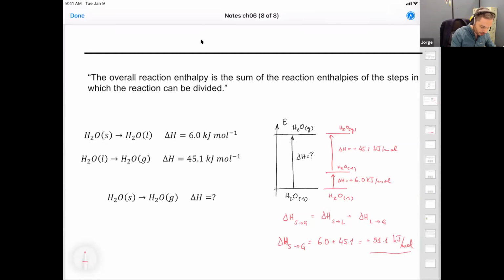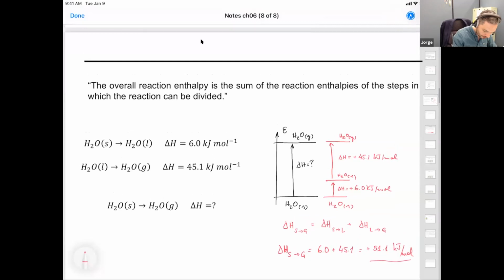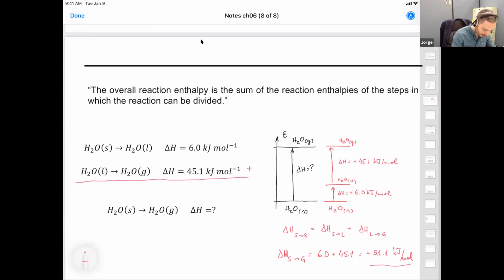So for example, here, we can clearly see that what we are looking for is basically a sum of the first and second reaction. So if you treat both chemical reactions as mathematical equations, what you are going to have is H2O solid doesn't have anything to be added, so it will show up here at the end.